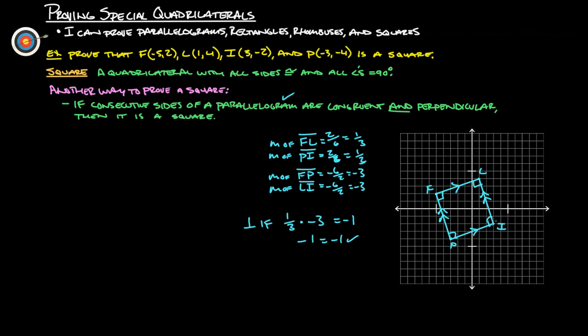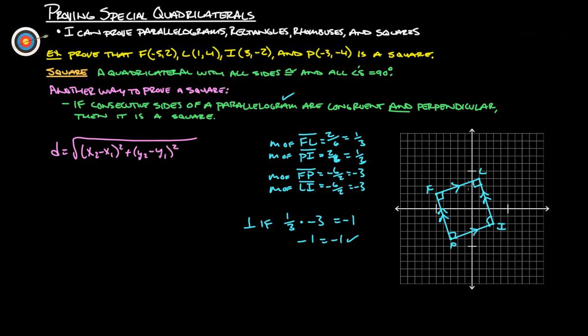The last part we have to do is show that two consecutive sides have the same distance. So we've got to actually use our distance formula. Let's do that here in a different color. The distance formula, if you remember, is the square root of x2 minus x1 squared plus y2 minus y1 squared.